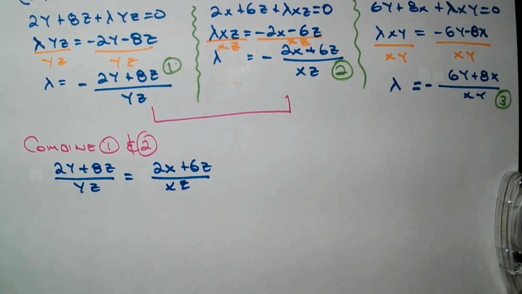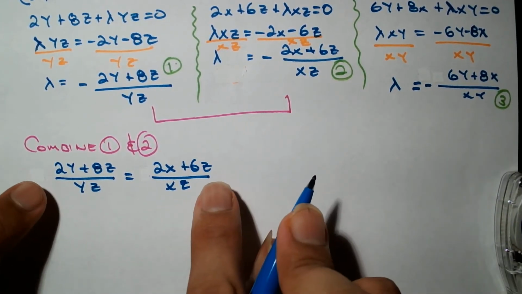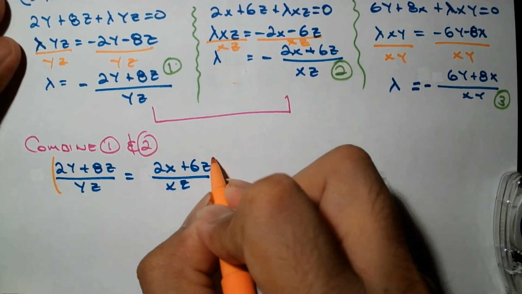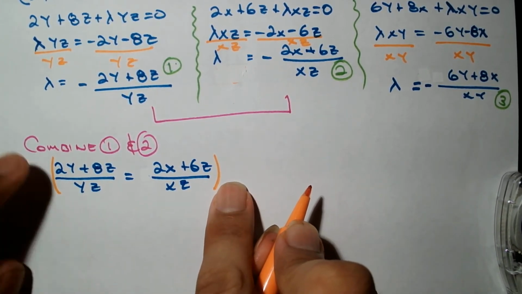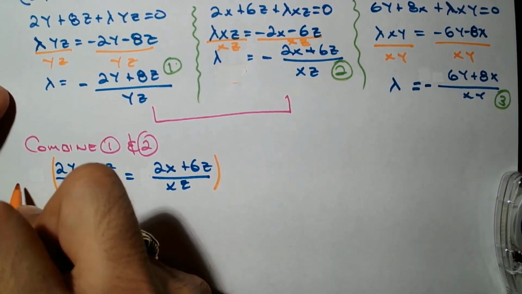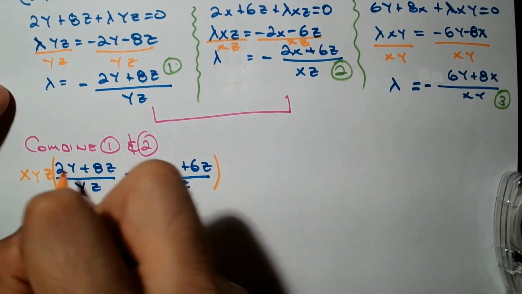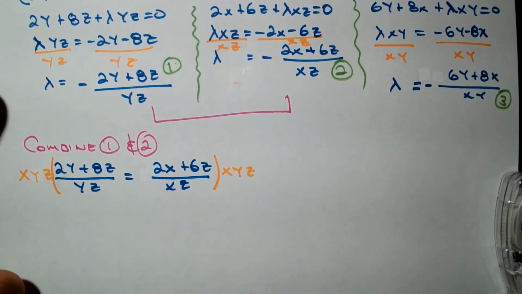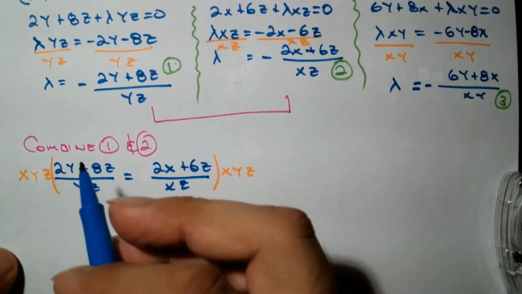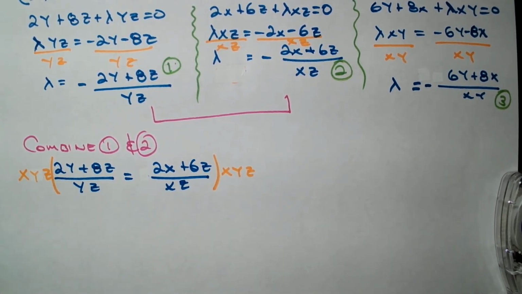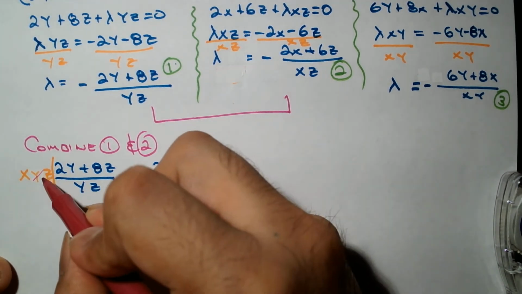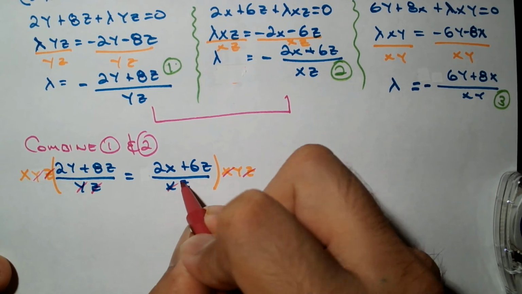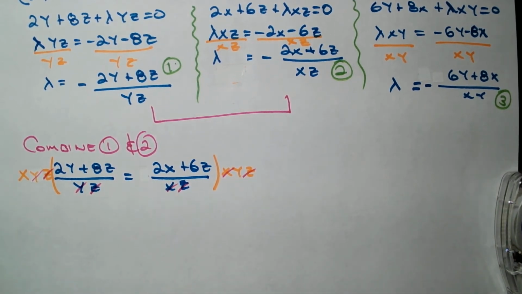In this case, I don't want these denominators. So I will multiply both sides of this equation by the LCD, which is going to be the product xyz. When I distribute this, notice how the yz's divide out, and the x's and the z's divide out.